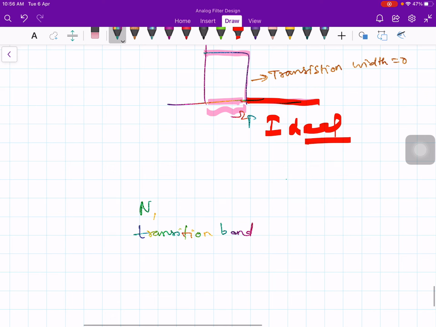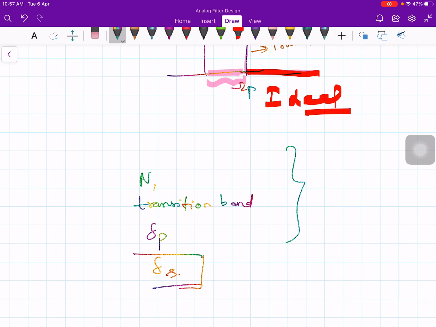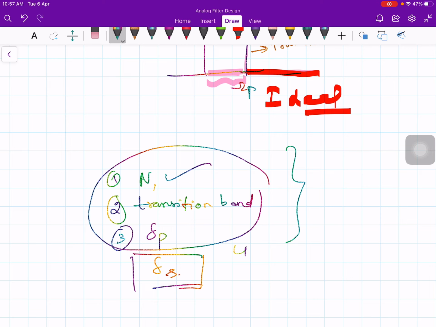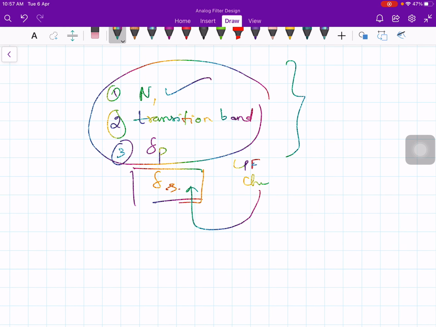Generally the customer will give you this kind of specification, and they will tell you the tolerance in the pass band, delta P. Given these, it will give you the lowest delta S. Our aim is to design for the lowest delta S. These three are given: capital N, the transition band, and delta P. With this, if you design a low pass filter using the Chebyshev method, it will give you the lowest value of delta S. If you design a filter for a given specification such that delta S is minimized as much as possible, then your filter is very, very good.